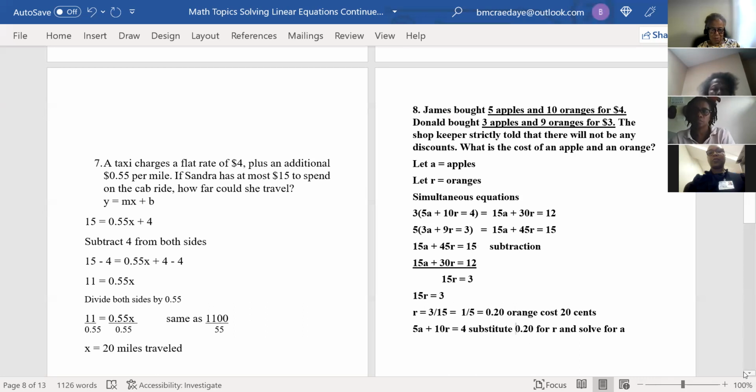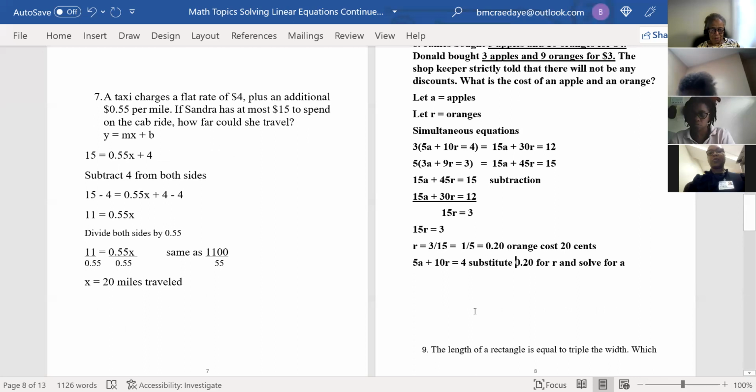Maureen, are you following? So in this equation right here, for the R you're going to put the 0.20, right? And you only have one unknown here, and that's the A, right?